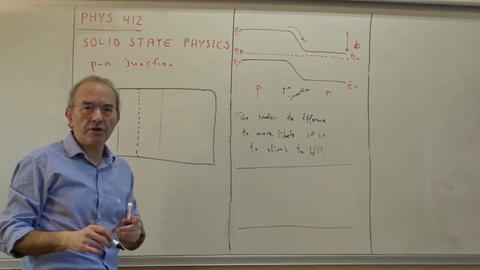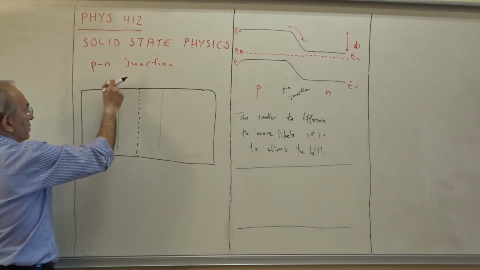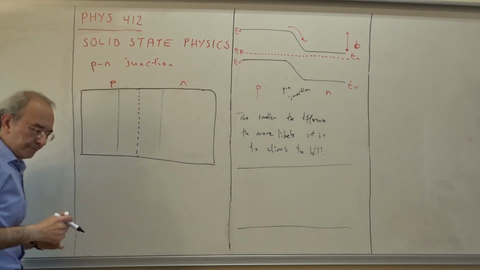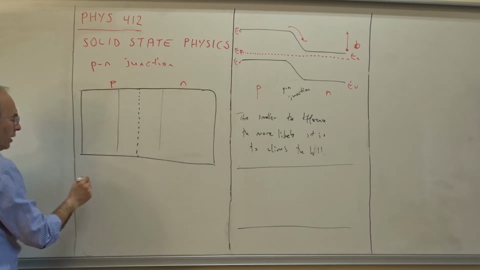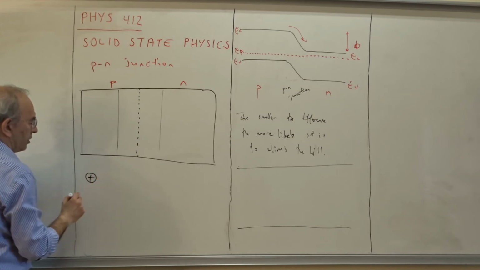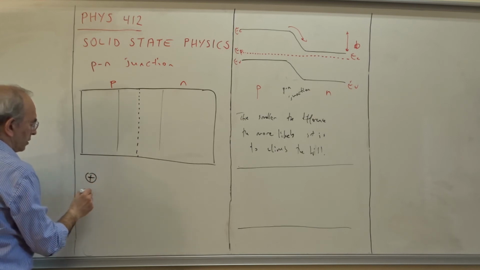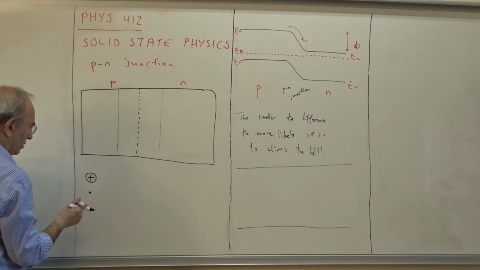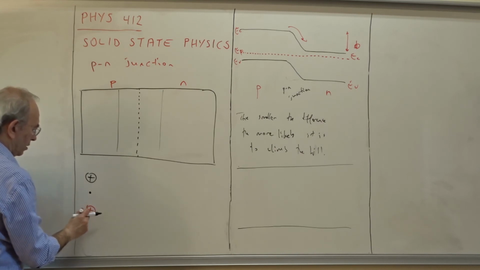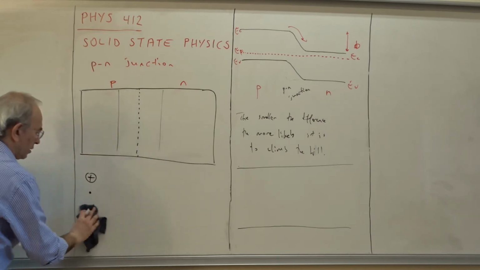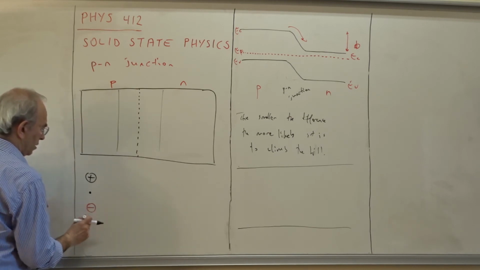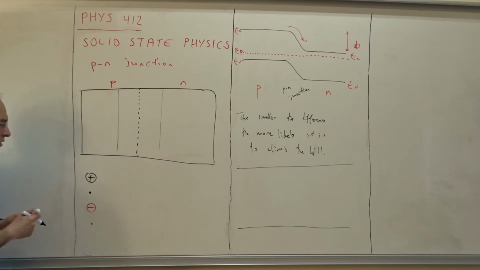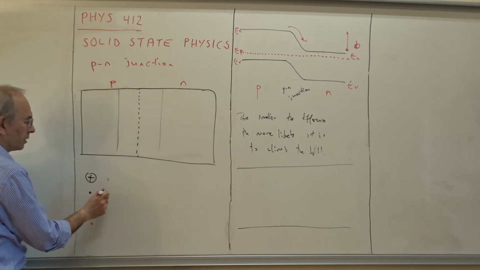Now what do we have here? Remember always that this is the p-type, that's the n-type. In the p-type, there are also, let's say, these particles. And what are the meanings of these symbols?